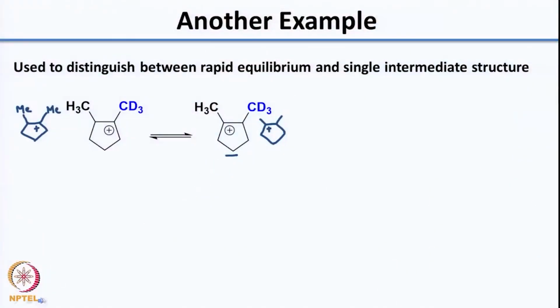It will be the structure on the right, because when you are looking at hyperconjugation, as I told you, it is a type of no bond resonance. So you have CH, CH and then CH.